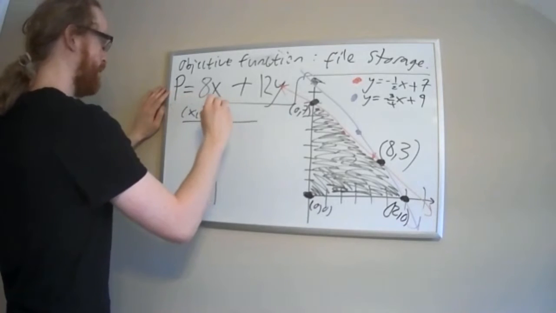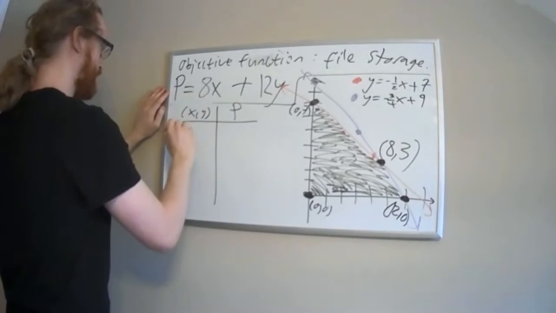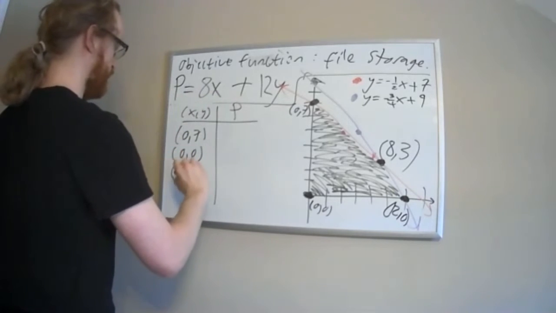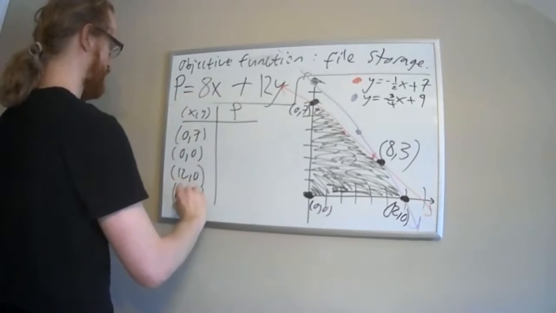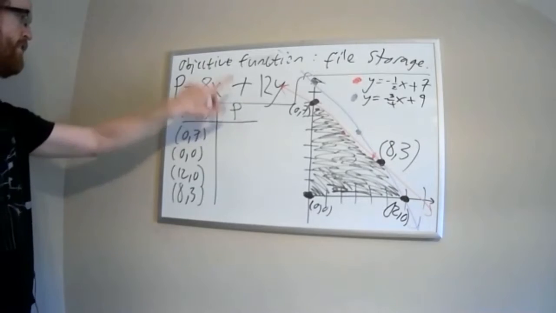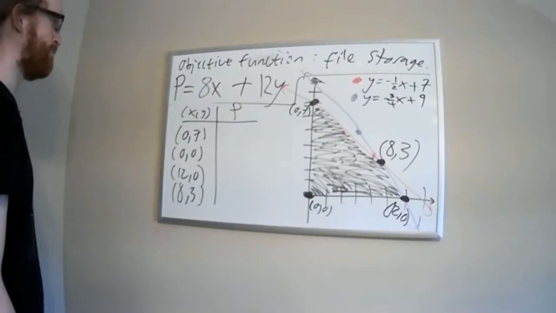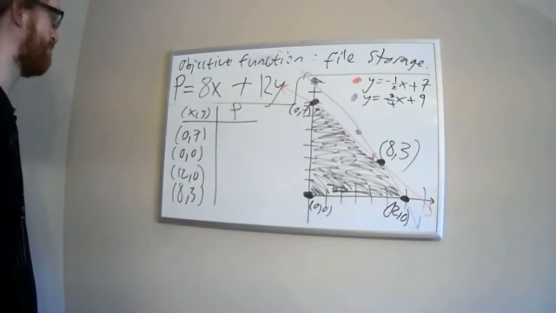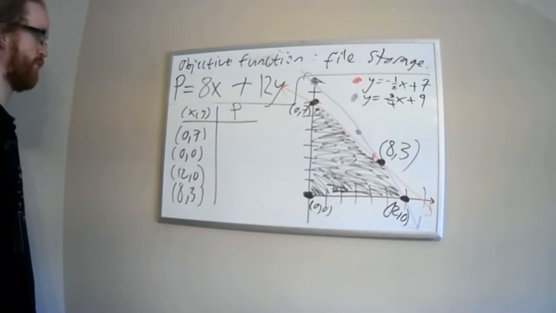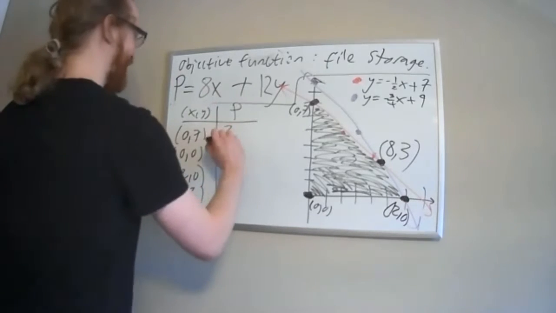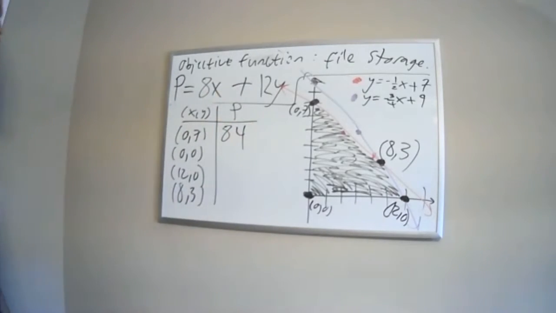Anyway, so I have 0, 7, 0, 0, 12, 0, and 8, 3 as my 4 points. So let's plug them into this function here. If I plug in 0, 7 into 8x plus 12y, that's going to be 0 plus 12 times 7. 12 times 7 is 84. Hopefully I'm doing that right. 84.